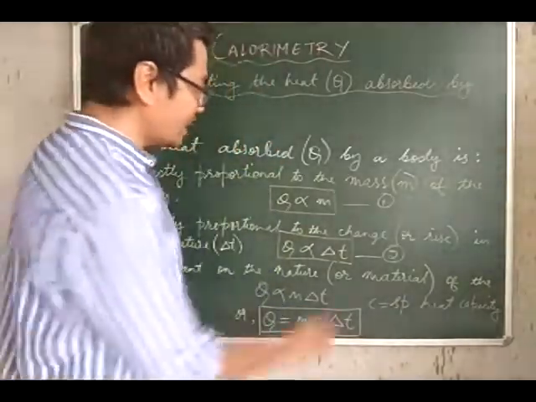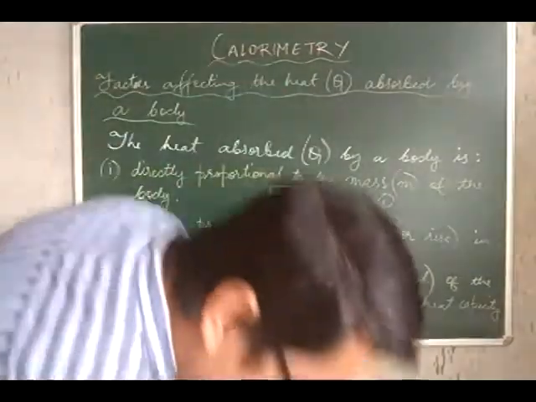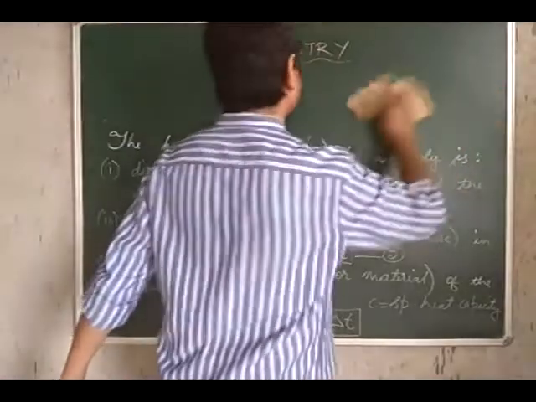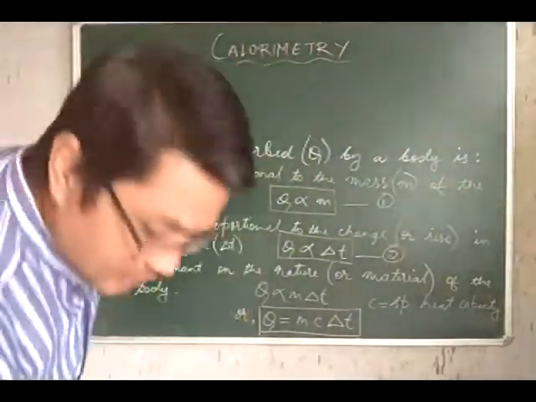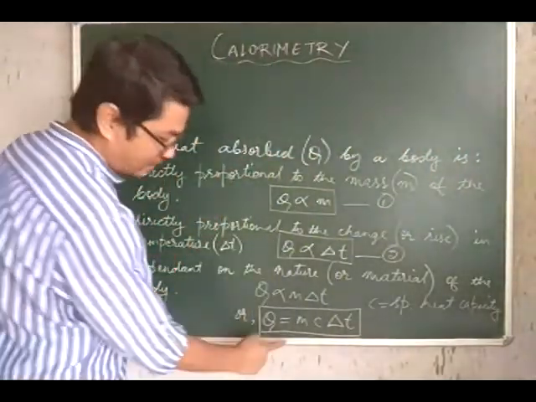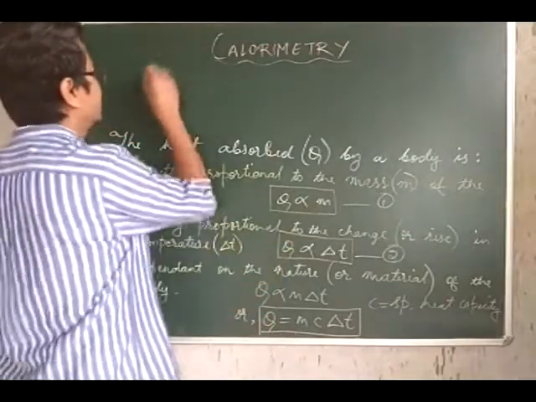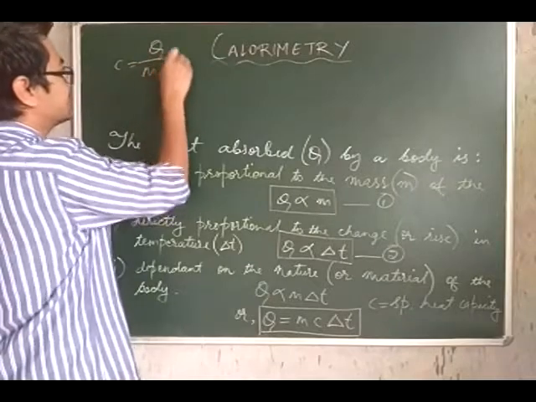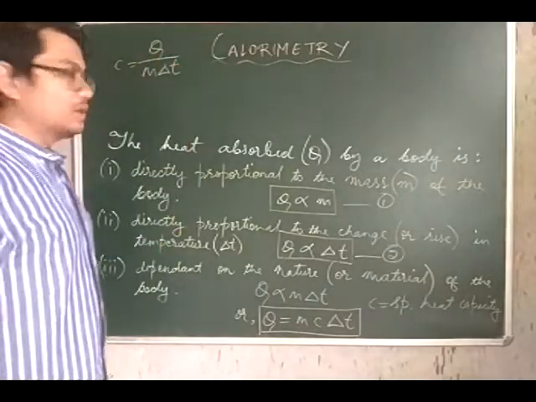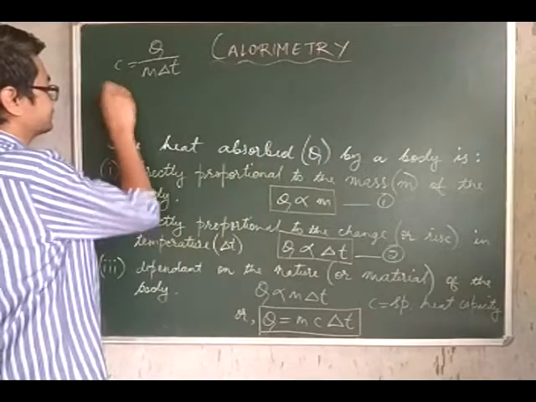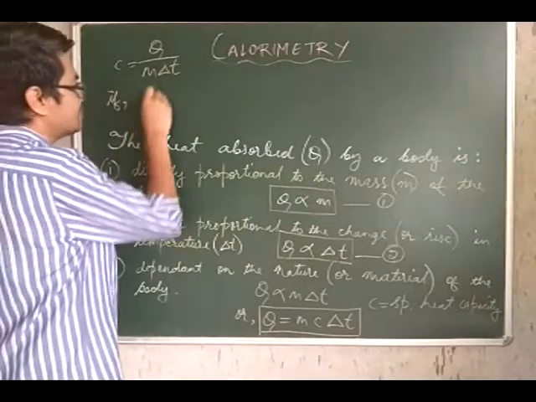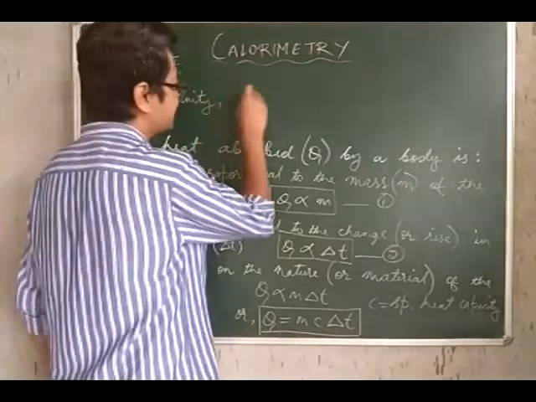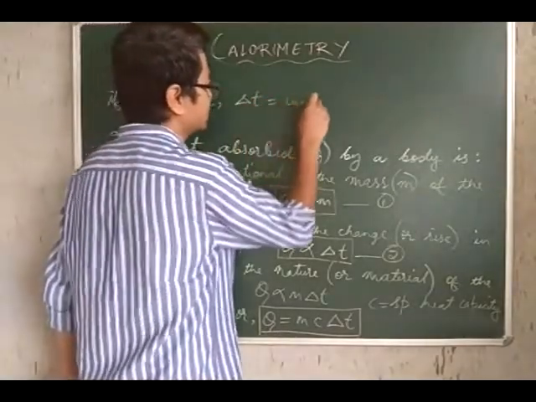Alright, now if we are to define specific heat capacity, let me erase this heading over here. You don't need to memorize the definitions, remember. From this equation itself, we can write C is equal to Q by M delta T. Now, if M is equal to unity and delta T, the difference in temperature, is also unity.